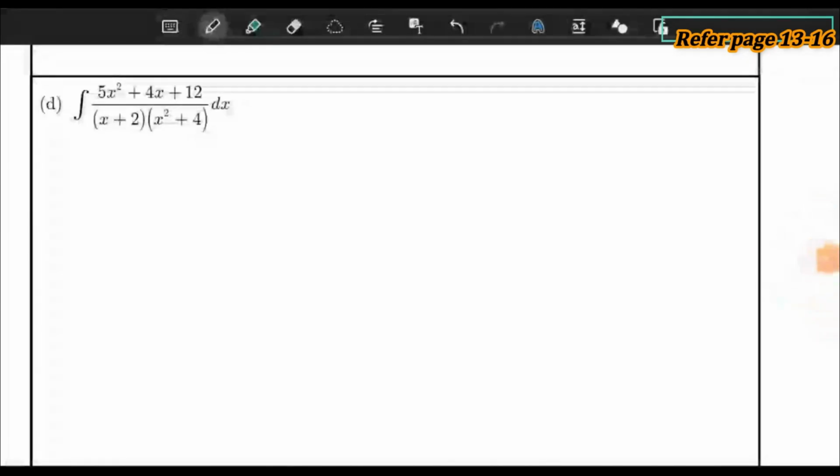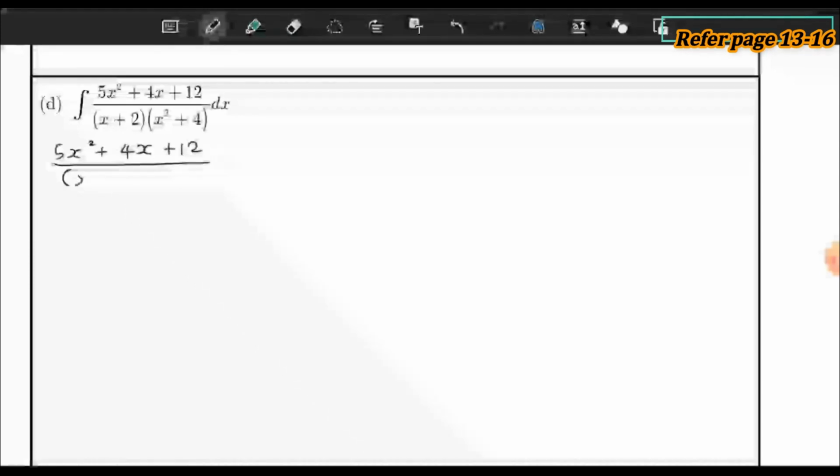For part D, we have (5x² + 4x + 12)/((x + 2)(x² + 4)). x² + 4 is a quadratic factor that cannot be factorized anymore. So we will proceed to use the quadratic factor.